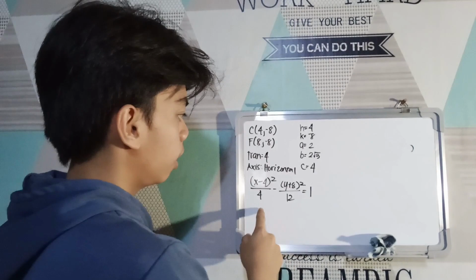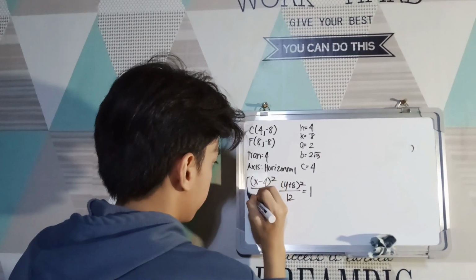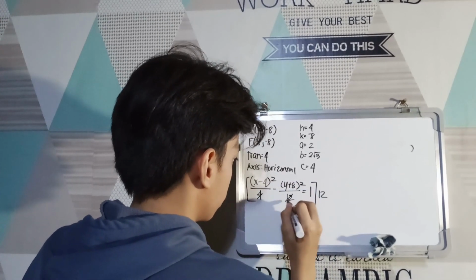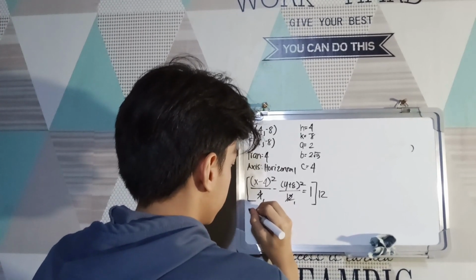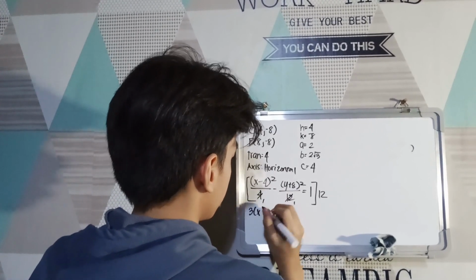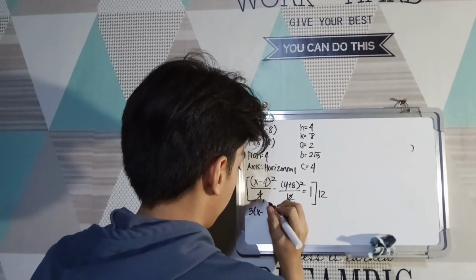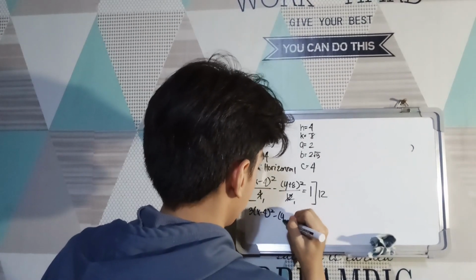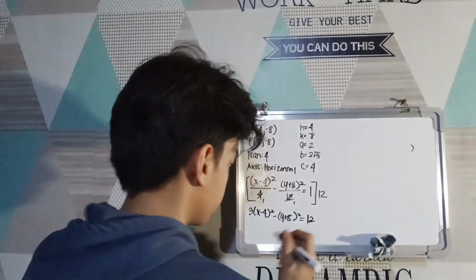So, para maging general equation to, kukunin natin yung LCD niya. Ang LCD nito is 12. So, cancel. Magiging 3(x − 4)². Then, copy lang. (y + 8) quantity squared equals 12.